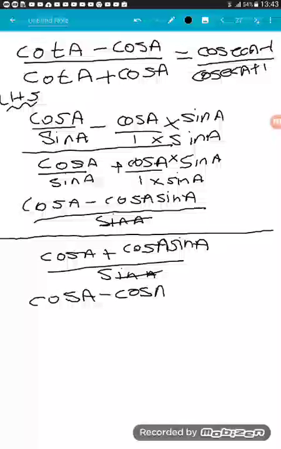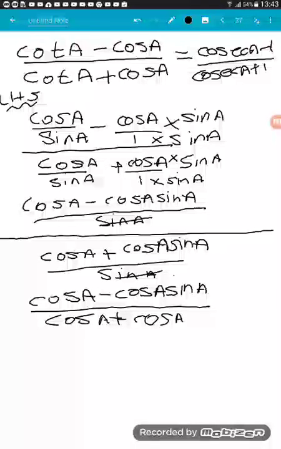minus cos A sin A by cos A plus cos A sin A. Now you can see the cos A and cos A is common.